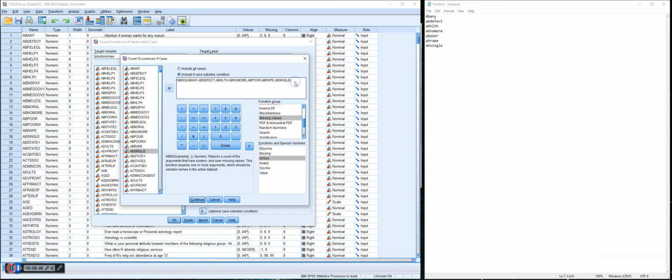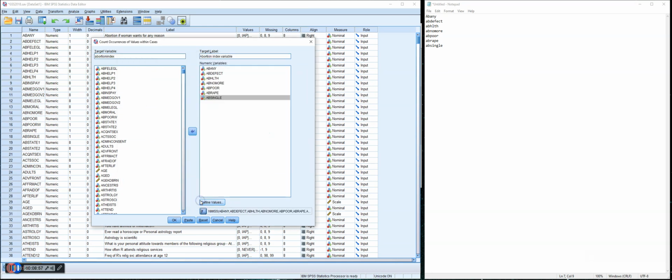The number of missing values of all those variables should be 0. It means that we don't have a missing value here.